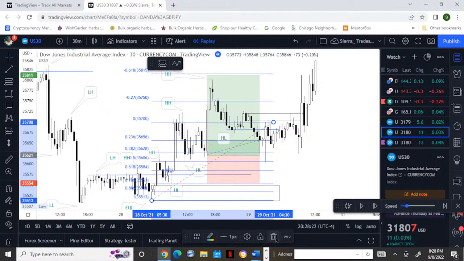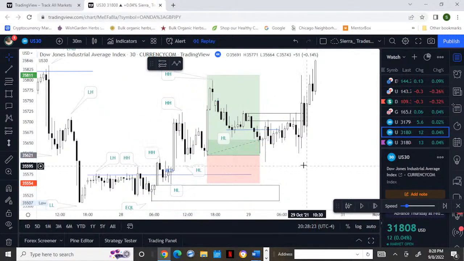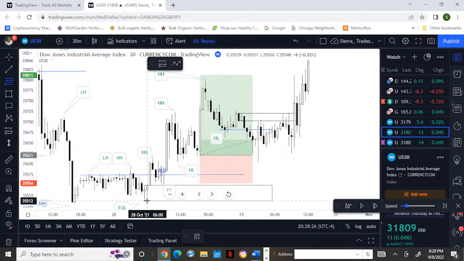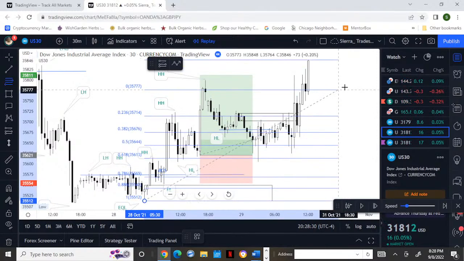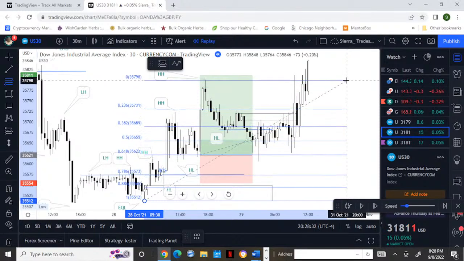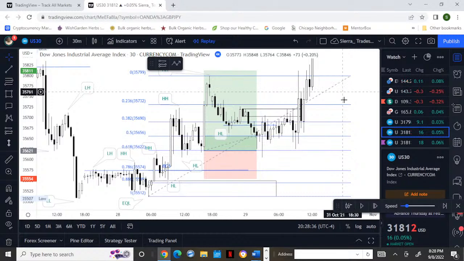So that fib completed. And then it looks like it gave us another move. Go to here and hit the 618. Came back, gave us this little double bottom.